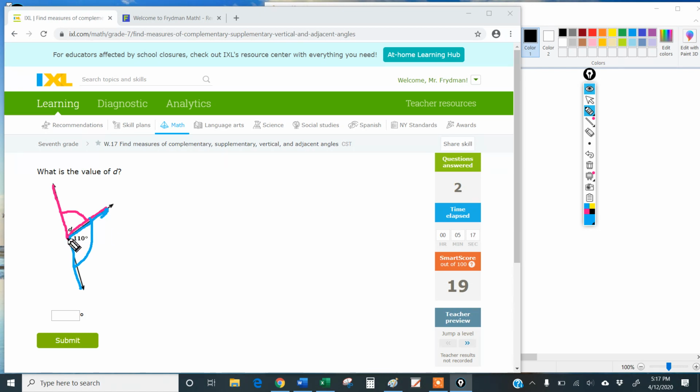But even more than that, they are a linear pair because together they make a straight line like this, which means that if we start here and go through this 110-degree angle and then through angle D, we must get 180 degrees. So we have that 110 plus angle D equals 180.